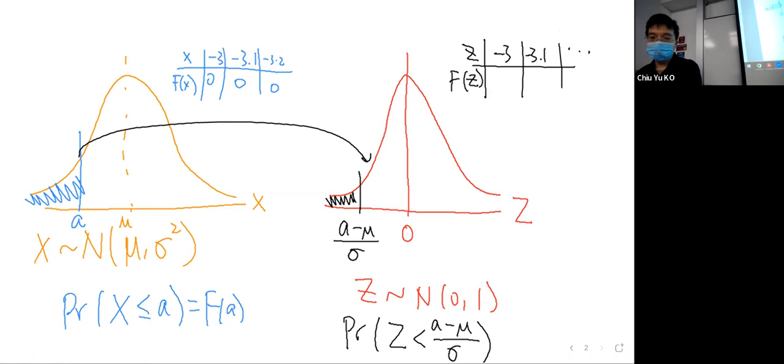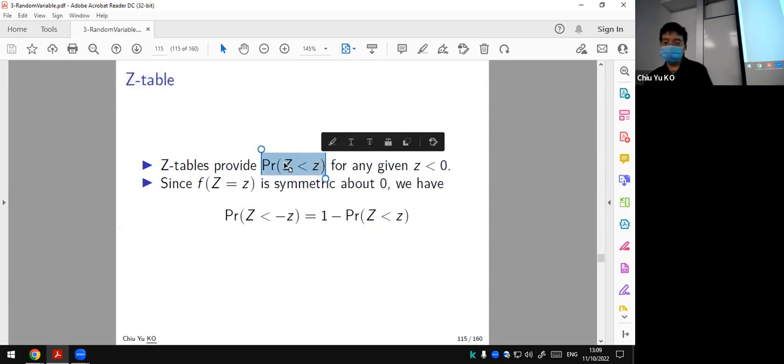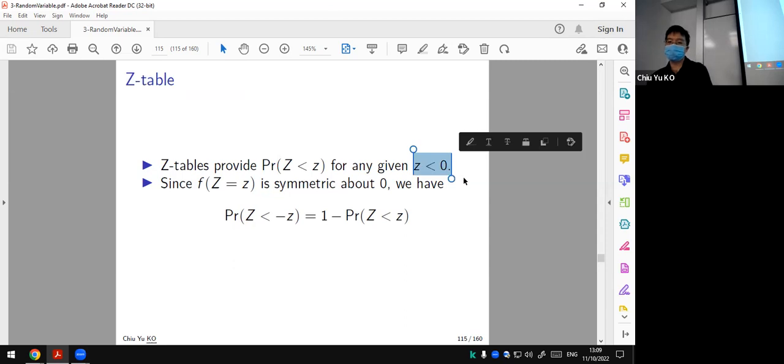Okay, so now the Z table is one thing: this table will give you the F of Z, and usually in the table you are given only Z negative, okay?